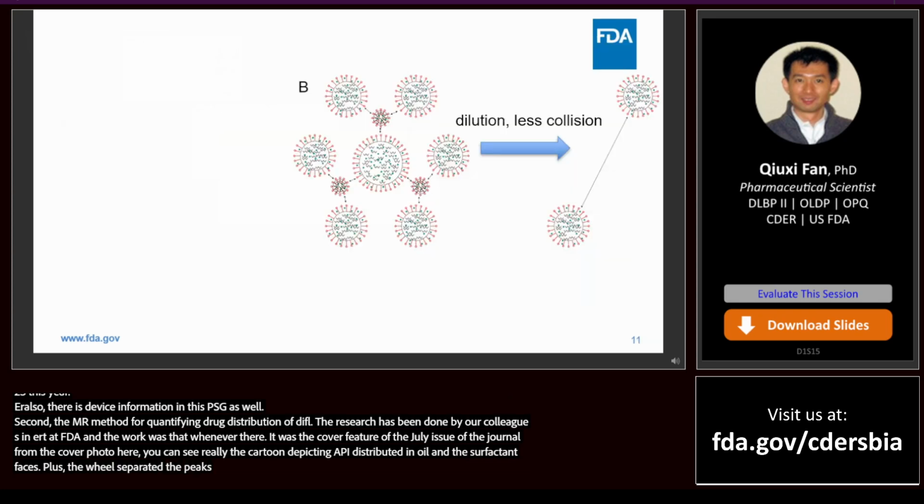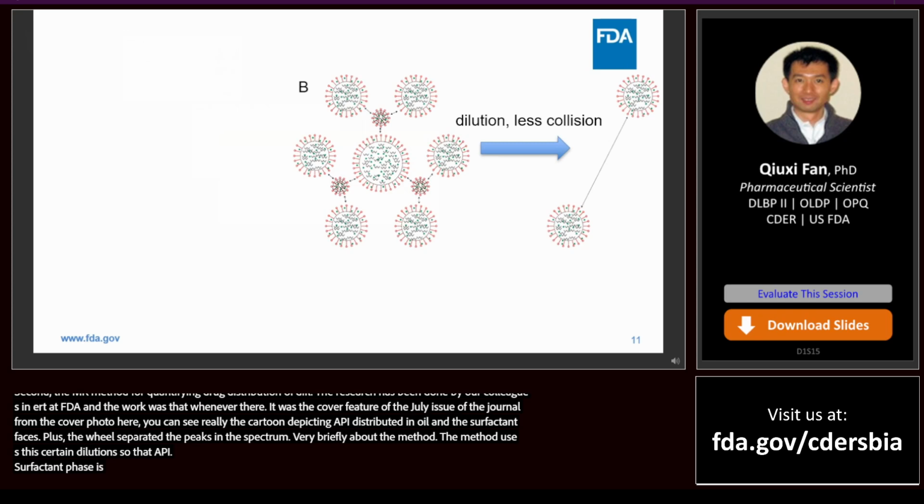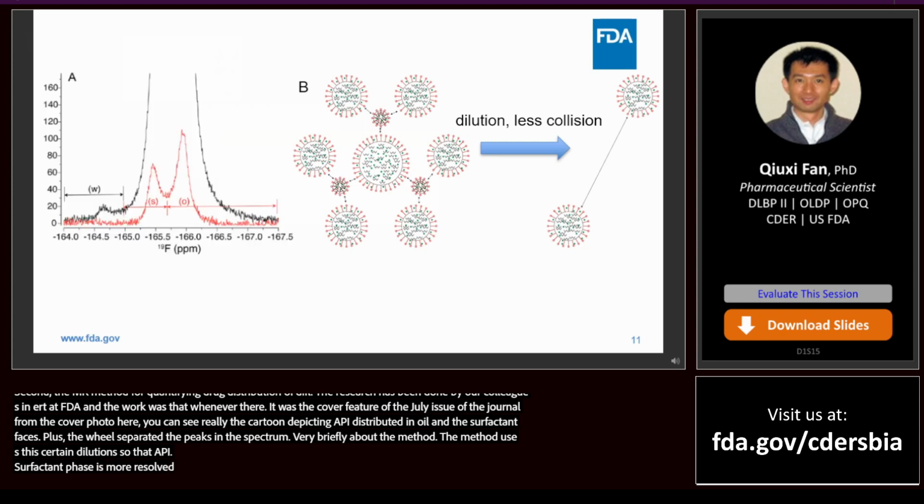Very briefly about the method. The method uses certain dilutions so that API in the surfactant phase is more resolved. And here you can see these well-separated distinct peaks of APIs in different phases.